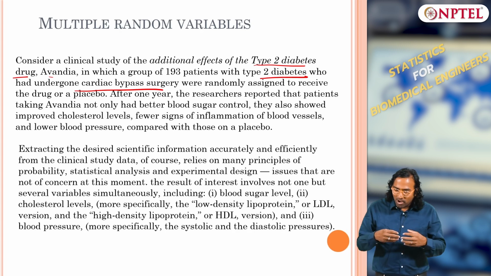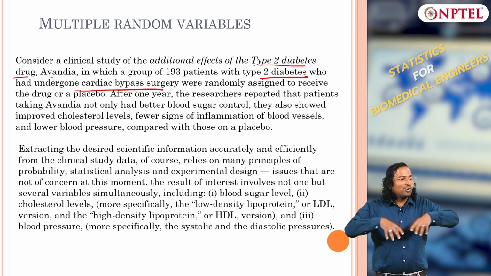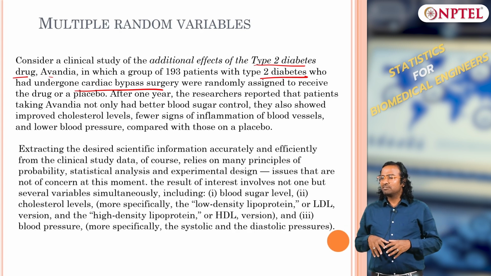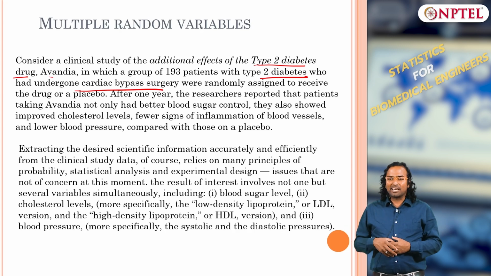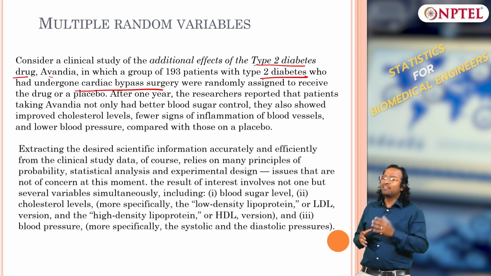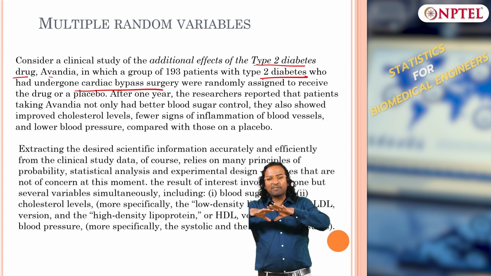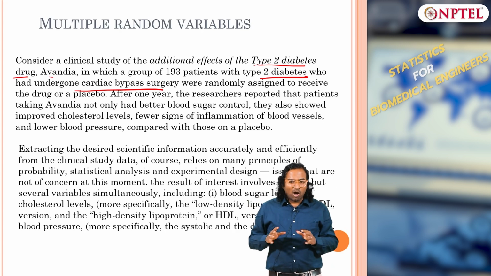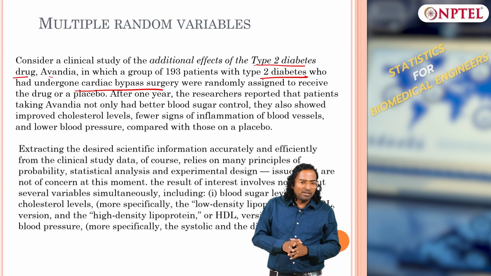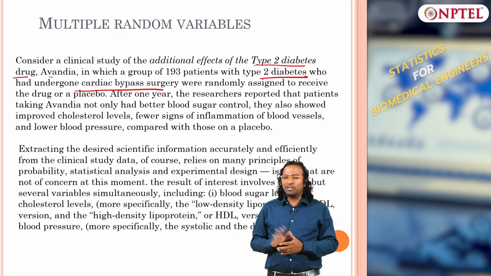People try blocking multiple paths, still cancer cells grow, because there are so many pathways in the body through which cells can grow and live. So that is the problem we are talking about: multiple related random variables. How do I theoretically understand them and start talking about the relationships is what we will discuss from the next class.